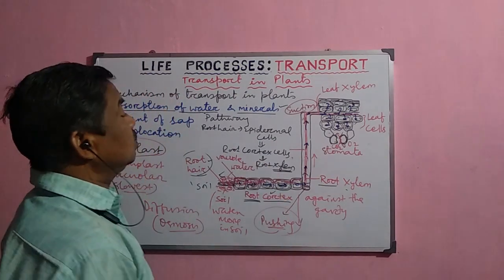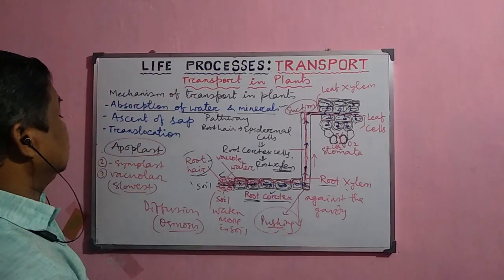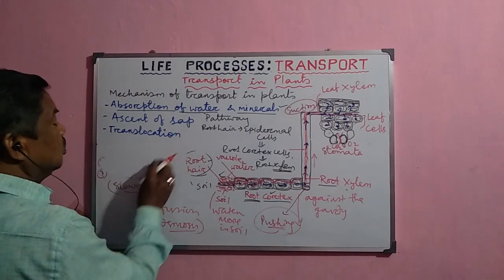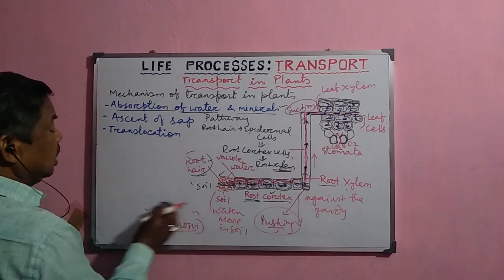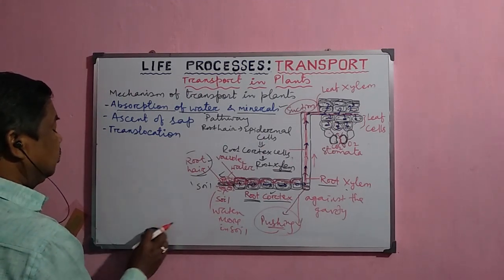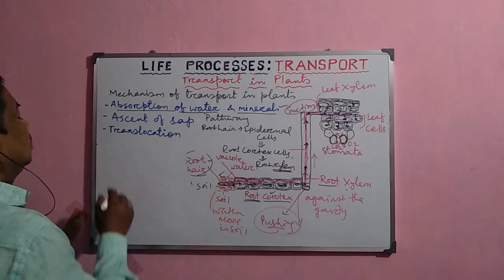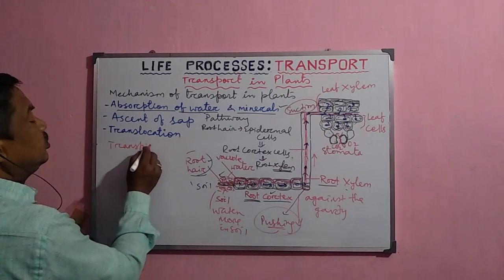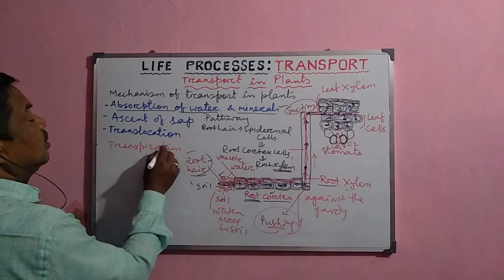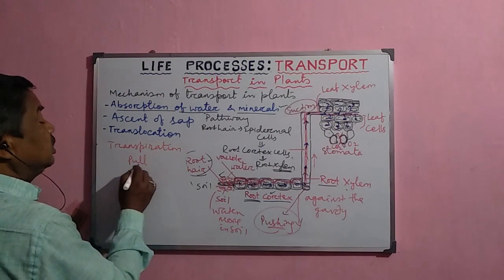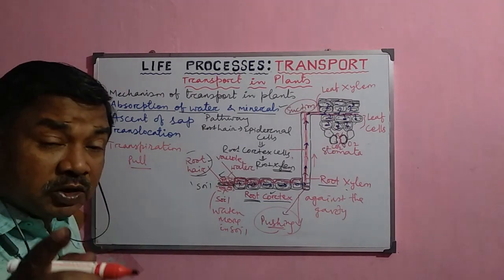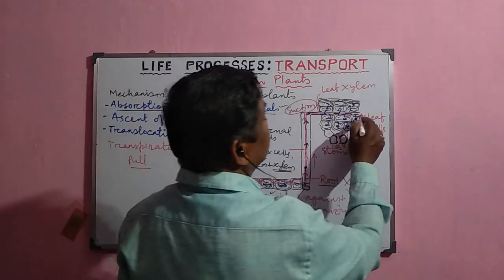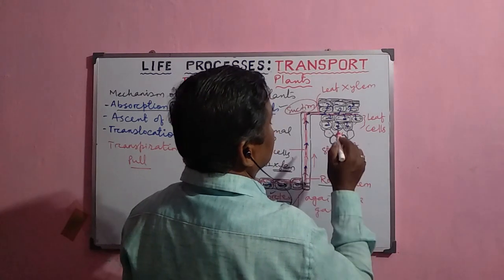Now, the most important theory regarding this is called the transpiration pull theory. What is this transpiration pull, and how does it help in the transport of water? Now what is transpiration, and how does it occur, and how is this pulling pressure created? This is the leaf, and here the stomata is there.